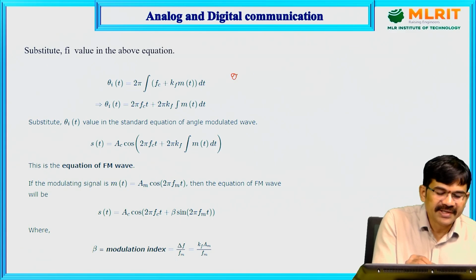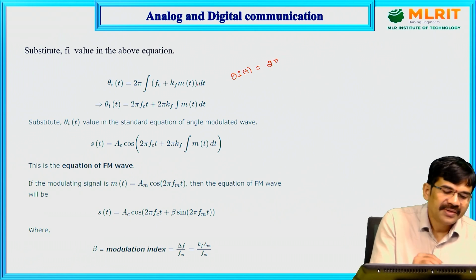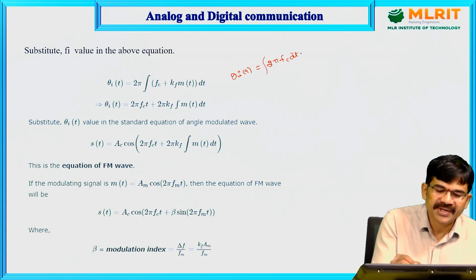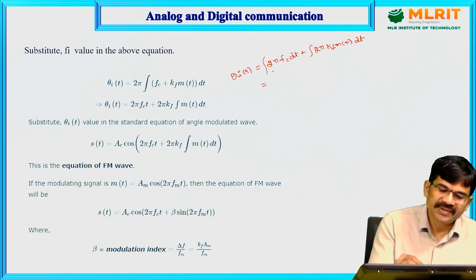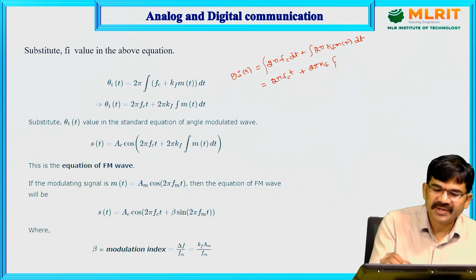If we expand theta i of t, we get the integral of 2 pi fc dt plus the integral of 2 pi kf m of t dt, which gives 2 pi fc t plus 2 pi kf integral m of t dt.